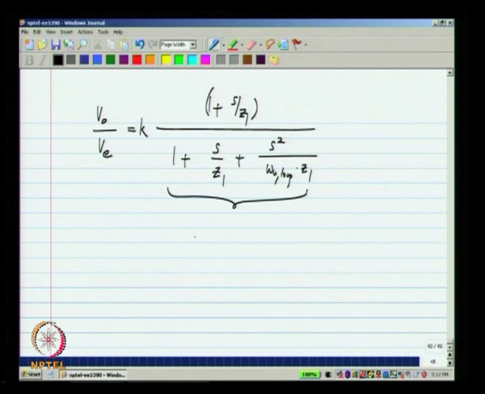And comparing the denominator to the standard form, what will we get?